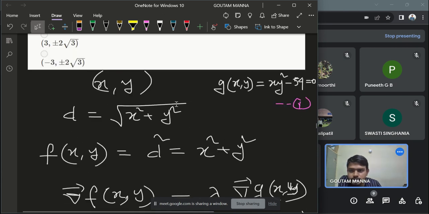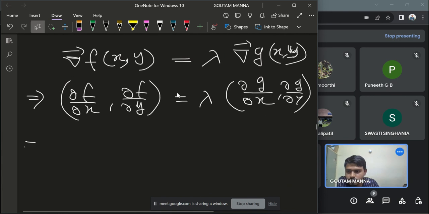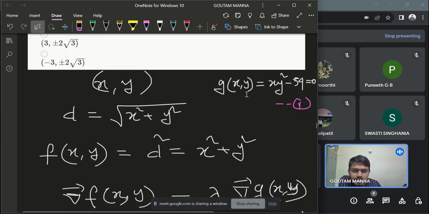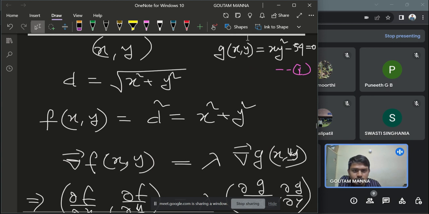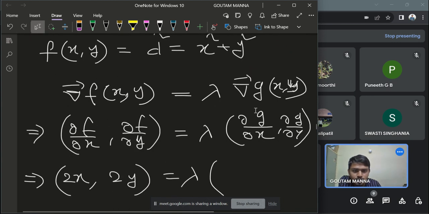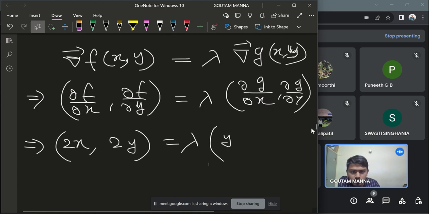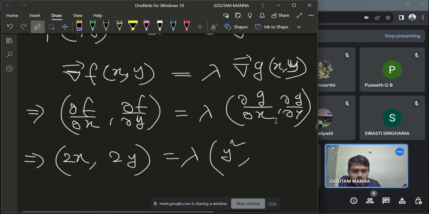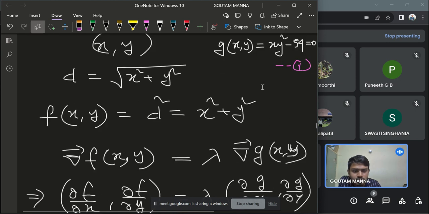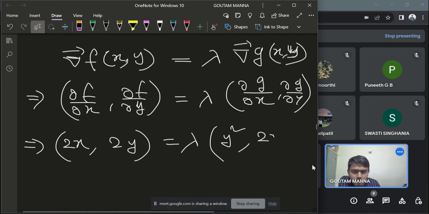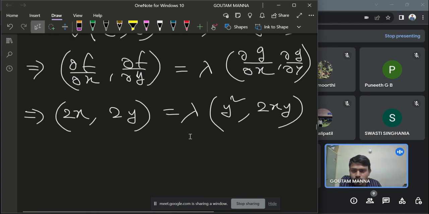Del f del x is 2x, comma del f del y will be 2y, equals to lambda times, so del g del x is y square, where g is x y square minus 54, and del g del y, we take x as constant and differentiate with respect to y, so it will be 2xy.